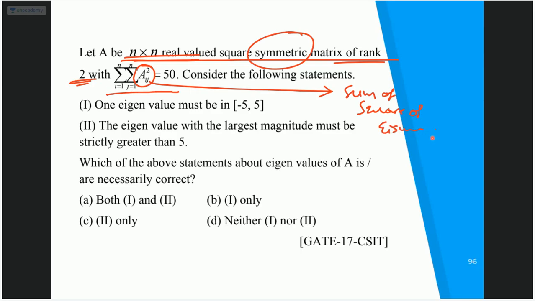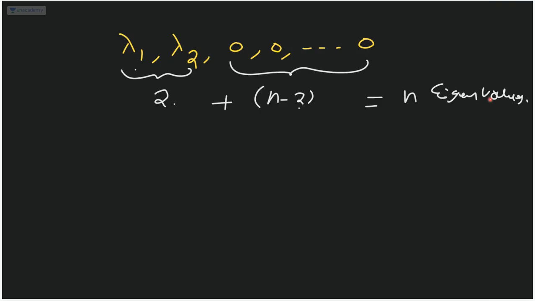Sum of squares of eigenvalues is equal to 50. So, lambda 1 square plus lambda 2 square plus 0 square plus 0 square, added n times. The result is 50.